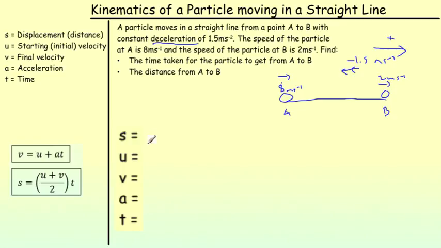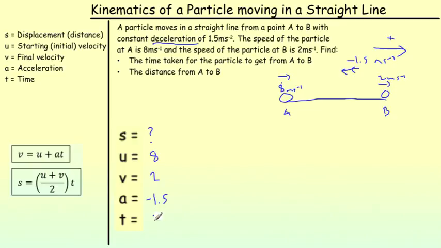So we can fill in what we know over here. Well, we know that s is what we're looking for in the second part, the distance from A to B. We know our initial velocity is 8 at the point A. We know our final velocity is 2, point B. And we know our acceleration is minus 1.5 in this case, because the deceleration is 1.5, and the acceleration will be minus 1.5.